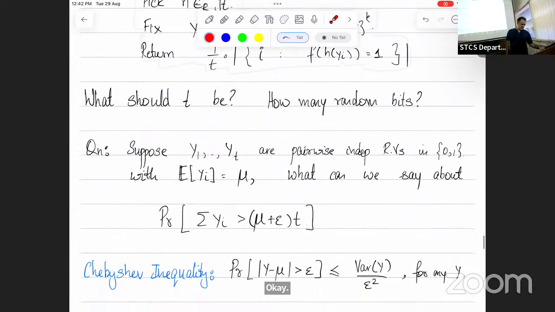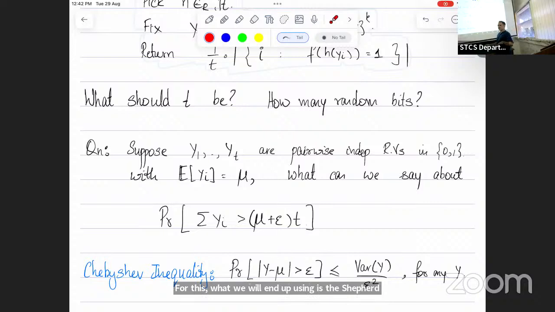For this, what we will end up using is Chebyshev's inequality, which actually holds for any random variable. It's just going to be convenient to use it in this particular setup because of pairwise independence. Chebyshev's inequality is basically Markov's inequality that we apply after squaring.